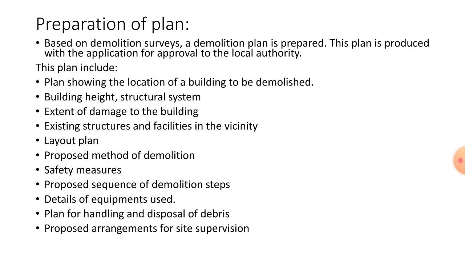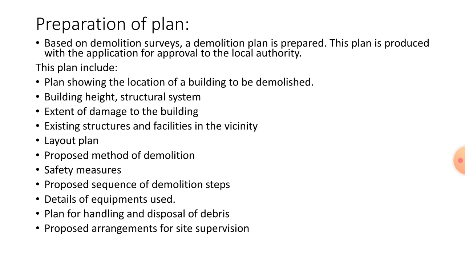This plan includes a plan showing the location of the building to be demolished, and first of all the location must be known, which building should be demolished, building height and structural system, which are the main things of demolition, extent of damage to the building, and what sort of damage is already there, that should be properly signified, right?